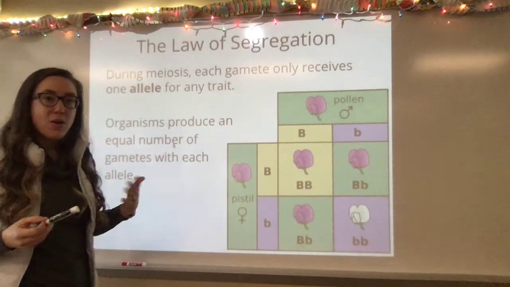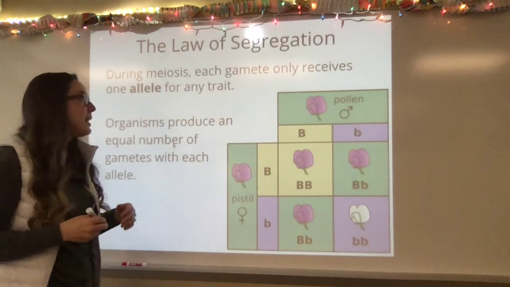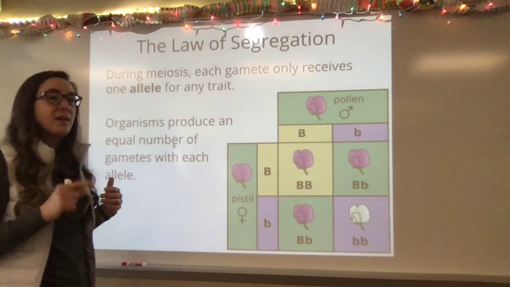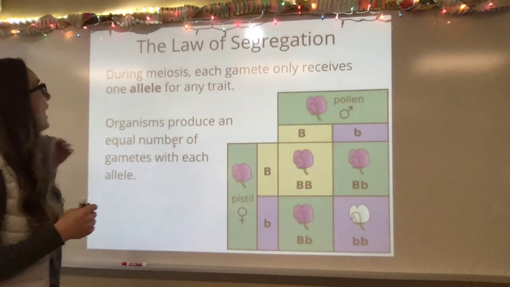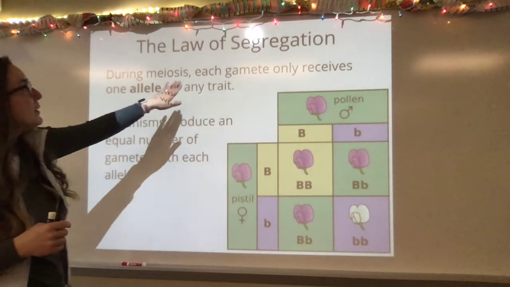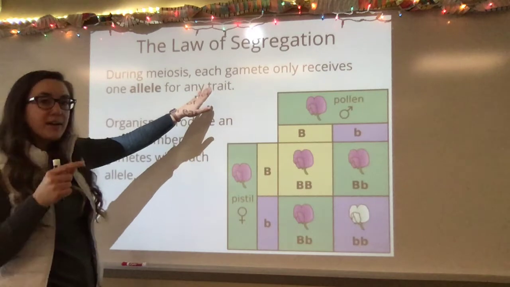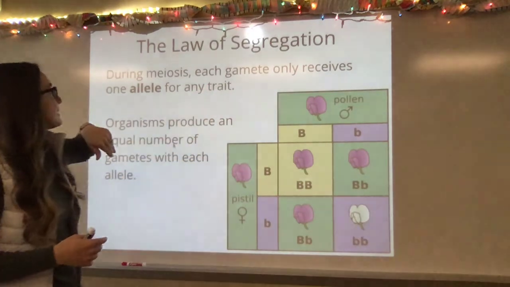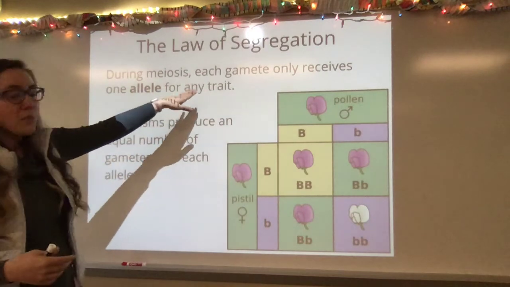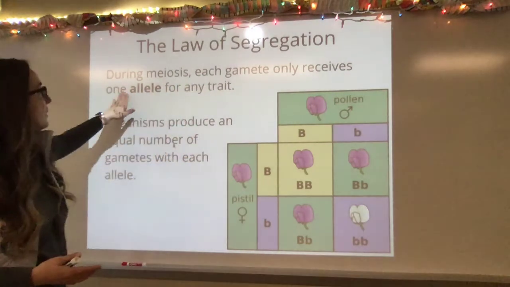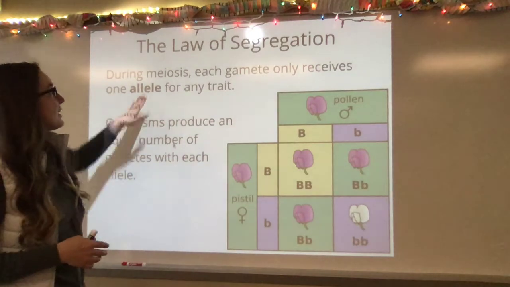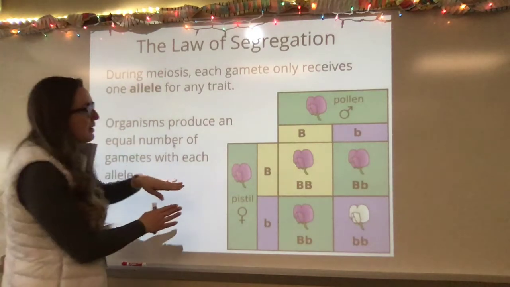Gregor Mendel didn't know anything about chromosomes or DNA, but he still was able to logically reason that those plants had to have only one of these factors for each of their traits in their gamete cells. So for what we know today, the gametes only are going to receive one allele for a given trait. And because of this, we call it the law of segregation.